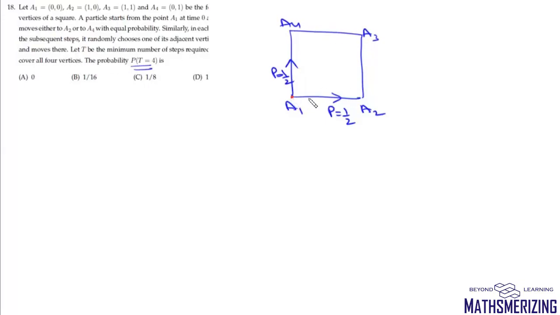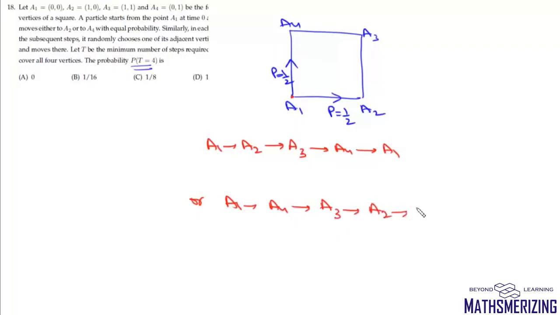Starting from A1, it will cover all the 4 vertices when from A1 it goes to A2, from A2 it goes to A3, A3 it goes to A4 and then from A4 it goes to A1, or from A1 to A4, A4 to A3, A3 to A2 and then A2 to A1. Now moving in any direction is an independent event.